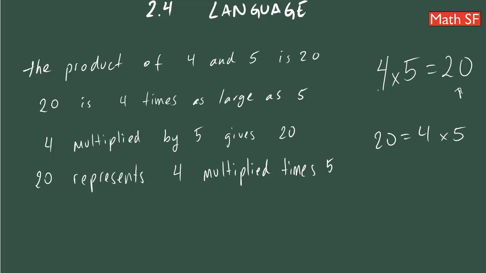Or we can read it as 4 multiplied by 5 gives 20, or 20 represents 4 multiplied times 5. For multiplication, the order of the numbers does not matter, as we know.